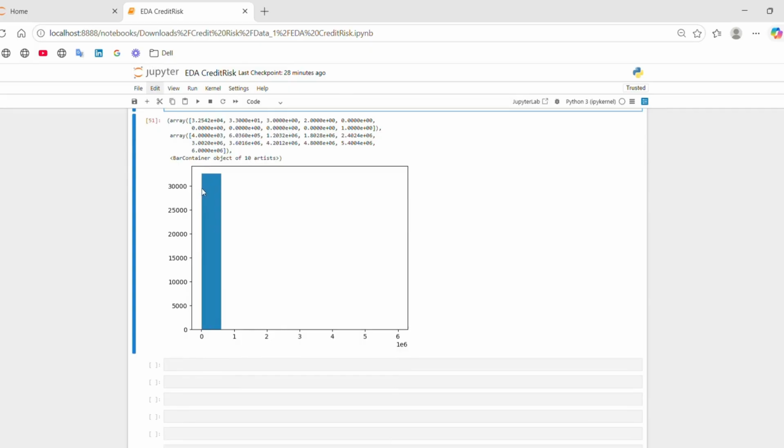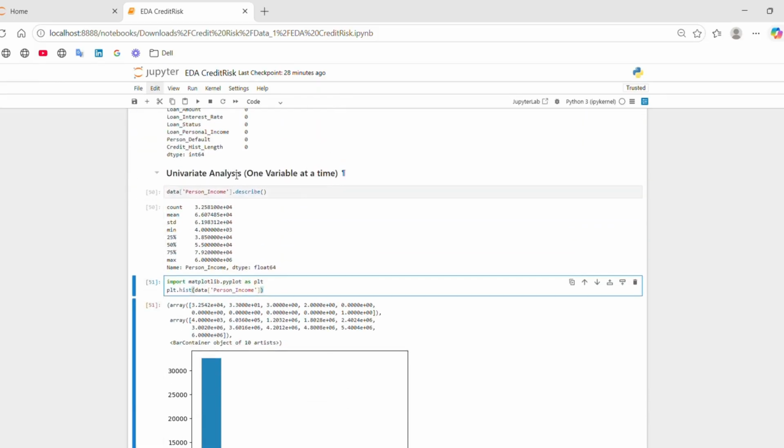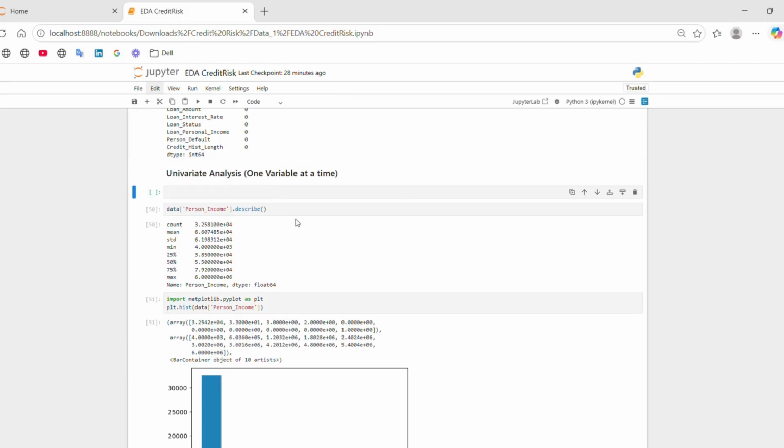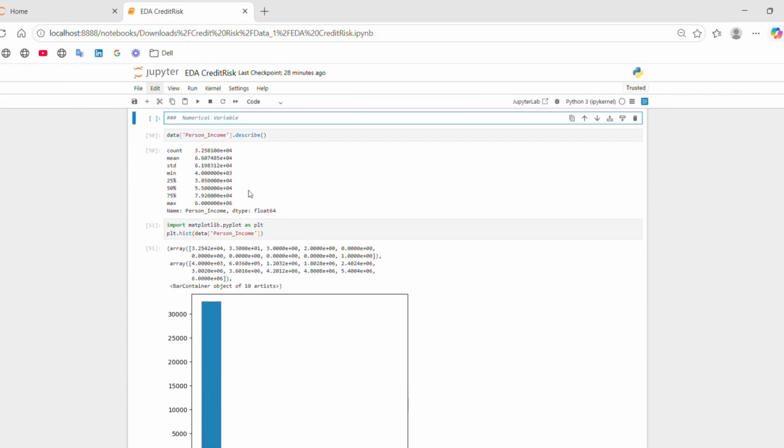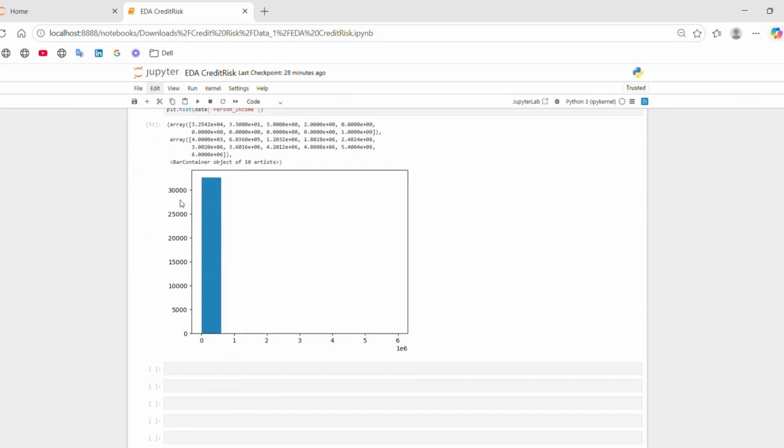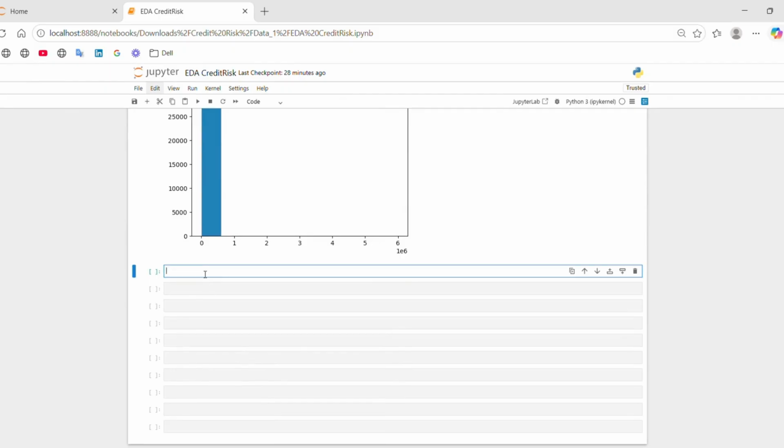Okay, so you will see a histogram, and it is showing that the maximum range is above 30,000. This is for the numerical variable, as person income is numerical. By plotting the histogram, we see what exactly its maximum range is, and from this the 25%, 50% and 75% quartiles.